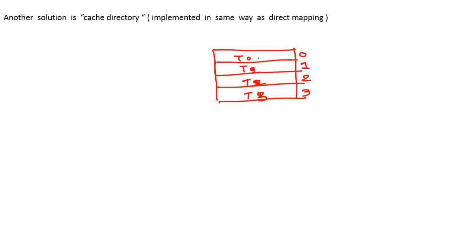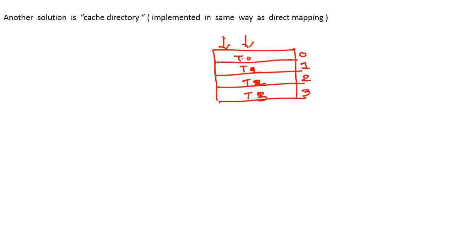When we compare this with direct mapping, the overall structure is the same, but the memory size would be increased because the block numbers are the same, but the tag bit size is increased compared to direct mapping.